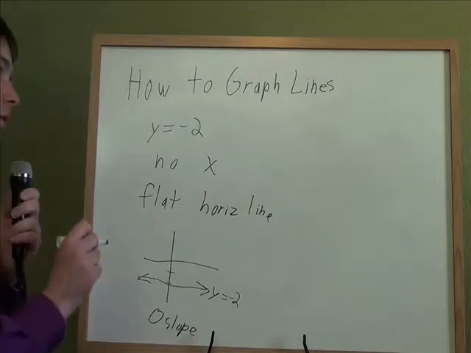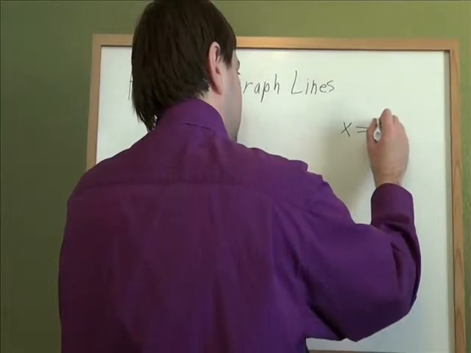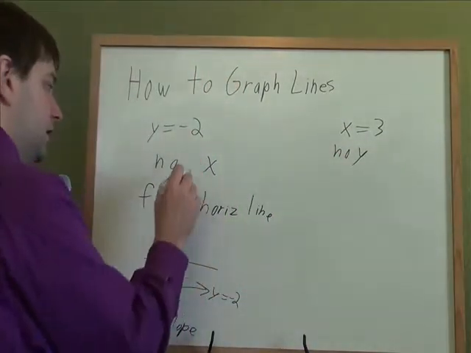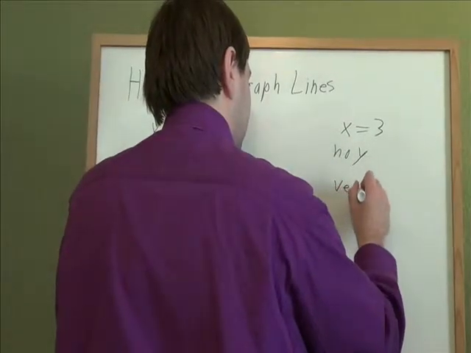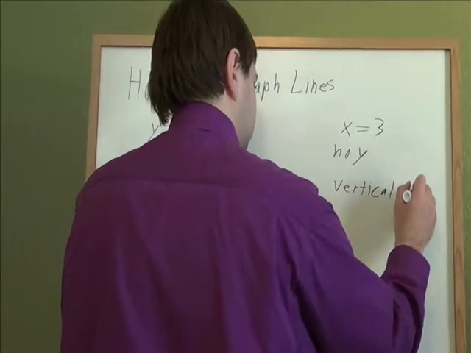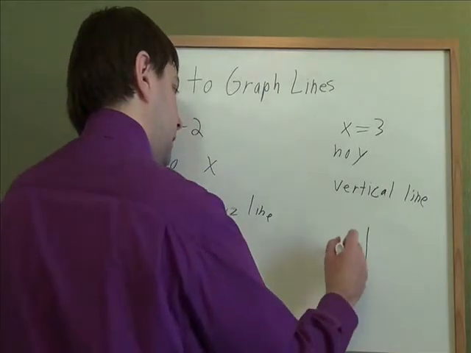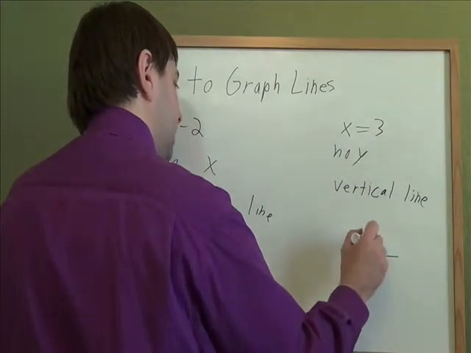On the other hand, what if there's no y at all? What if they want you to graph x equals 3? Well, remember, when there was no x, it was a horizontal line. When there's no y, that is a vertical line going straight up and down. So to graph that, when there's no y, that's the only time you'll go to the left or the right to start.